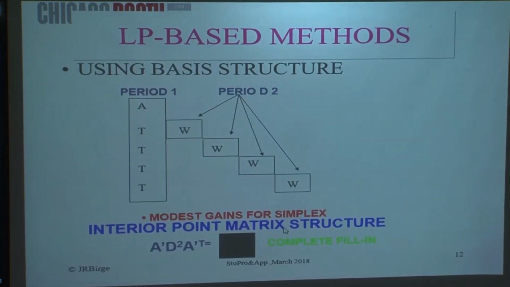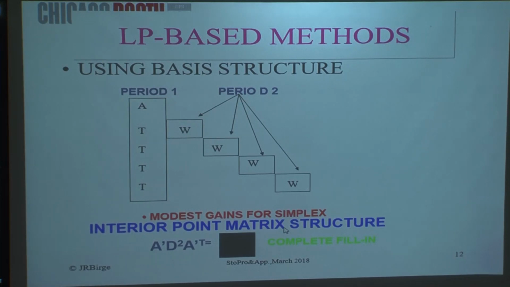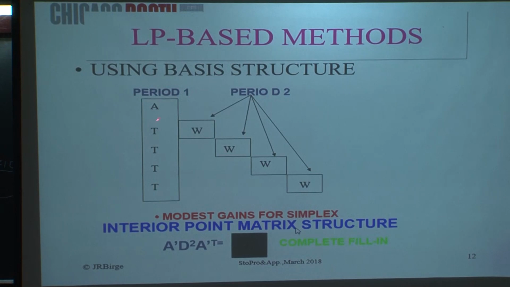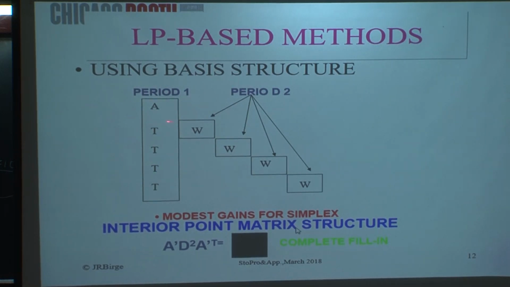Okay, let's talk about the structure of these problems. Okay, so again, if I were to write out a 2-stage model as a linear program, I would have this A up here in the constraint matrix. I would have A that multiplies the x, and then W multiplies the y's.